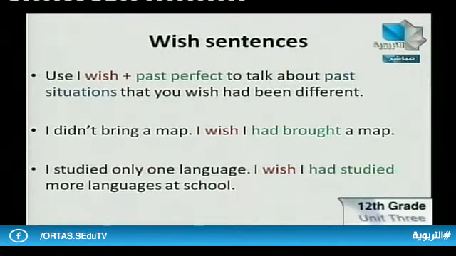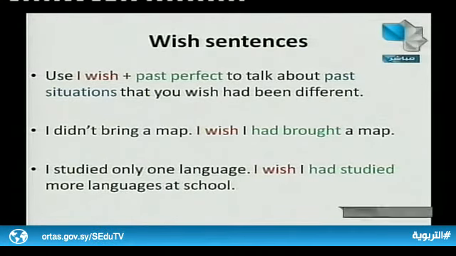I think use I wish plus past perfect to talk about past situations that you wish had been different. Now here we should stop for a minute, Ms. Reem. Because in the baccalaureate, in our curriculum, when we talk about wish, we talk about wish for the present, not about the past.